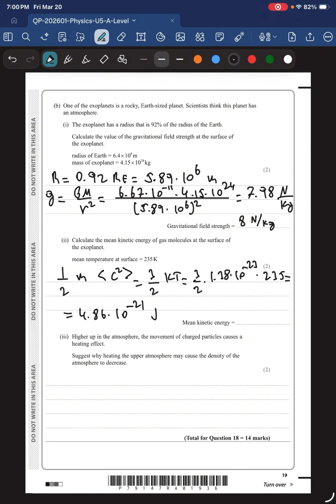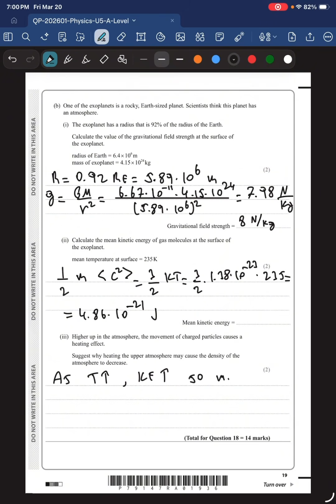Okay, question 3. Higher up in the atmosphere, the movement of charged particles causes a heating effect. Suggest why heating the upper atmosphere may cause the density of the atmosphere to decrease. So as the temperature increases, the kinetic energy of the molecules increases, as we saw from the formula.